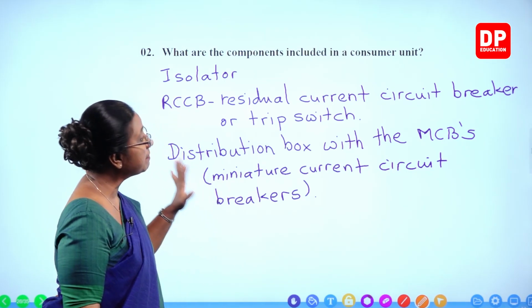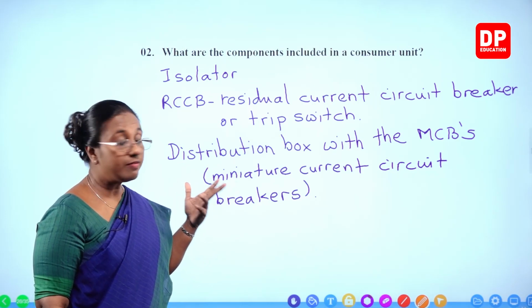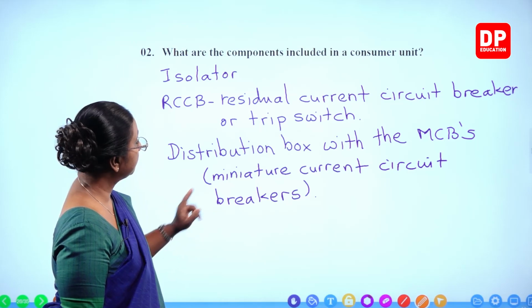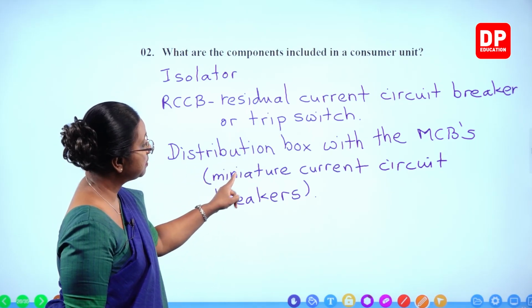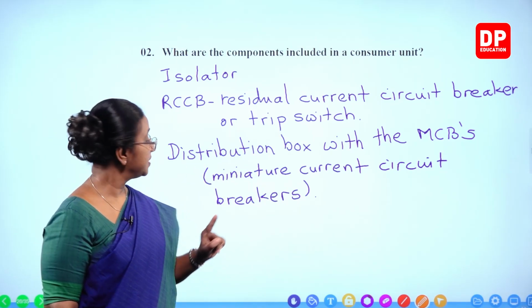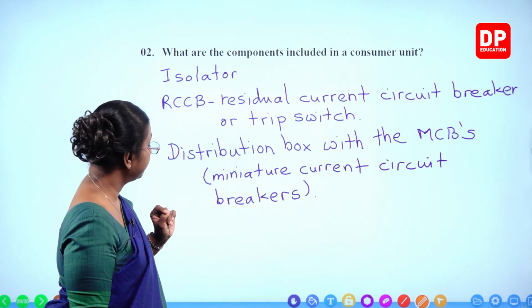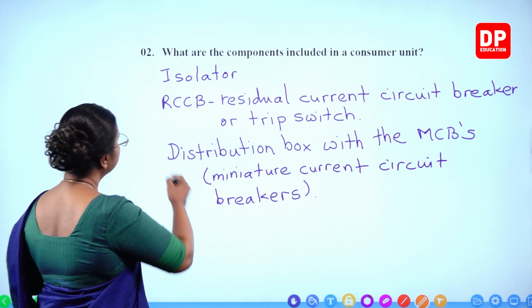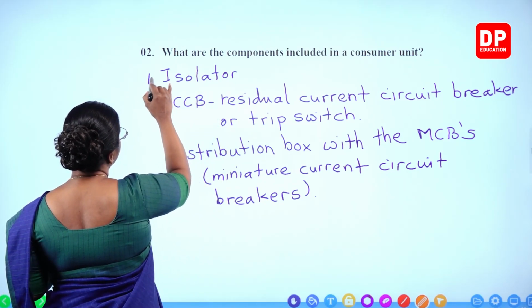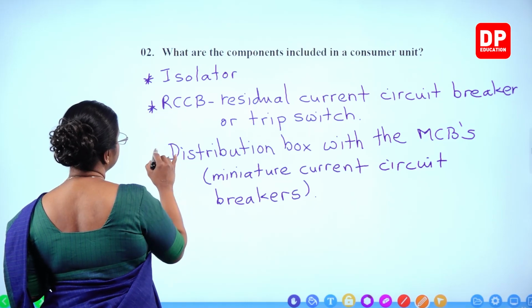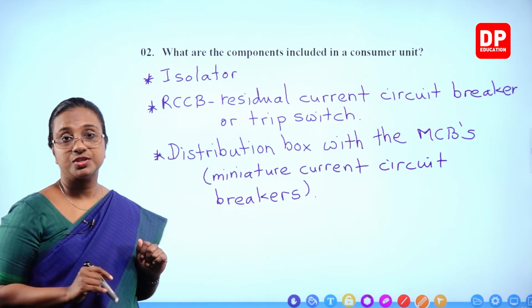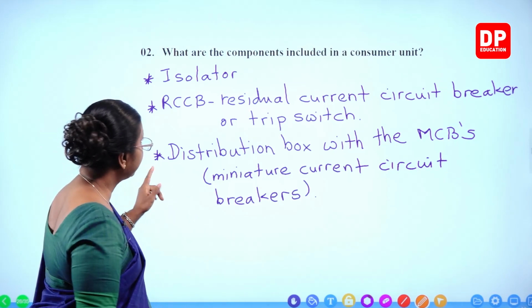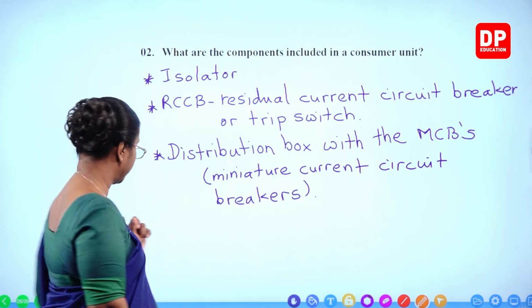But for you all to remember and understand, recall what we have learned, I have given all the names: RCCB, residual current circuit breaker or trip switch, and then distribution box, it contains the MCBs, miniature current circuit breakers. So all these are contained in the consumer unit: isolator, RCCB and distribution box. I am sure you all can remember that, students. So with that, I will move on to the next question.